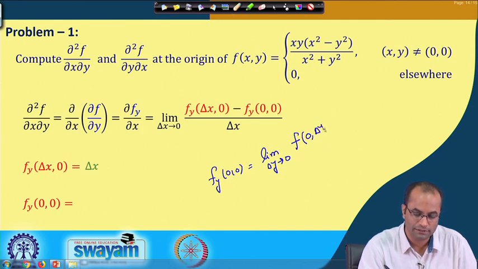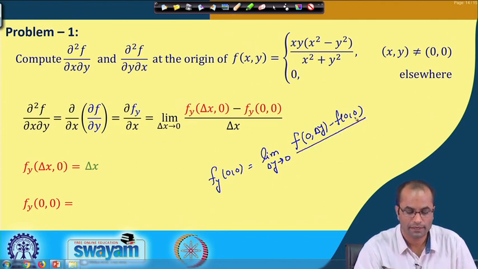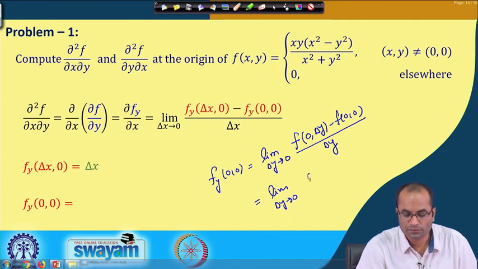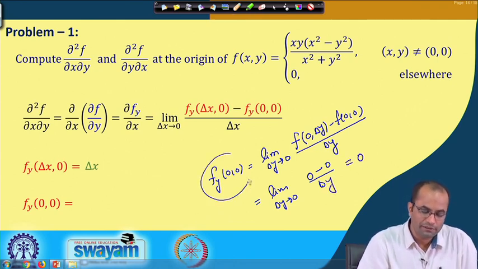Here we have f(0, delta y) minus f(0, 0), divided by delta y. In this limit, as delta y goes to 0, one argument is 0 and we have the product, so this will become 0, and minus f(0, 0) is 0, that is given. So the partial derivative with respect to y at (0, 0) is 0.